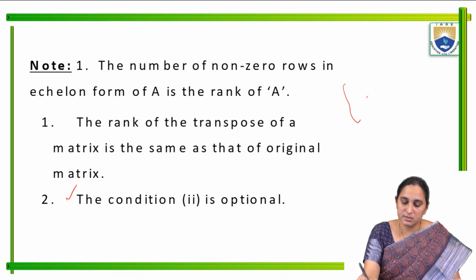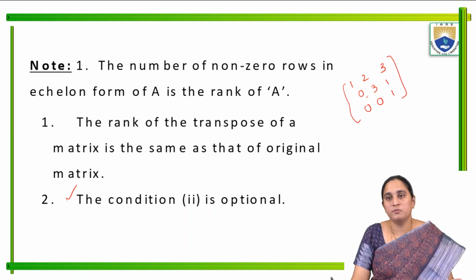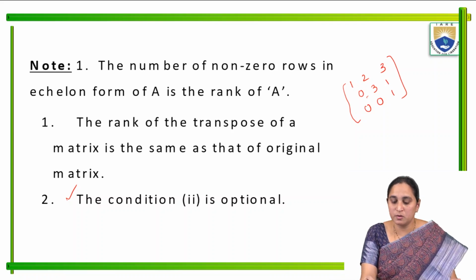For example, I'll discuss the matrix 1, 2, 3; 0, 3, 1; 0, 0, 1. This is one echelon form concept. Observe here the first row first element is 1, but this condition is optional.